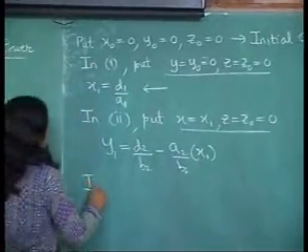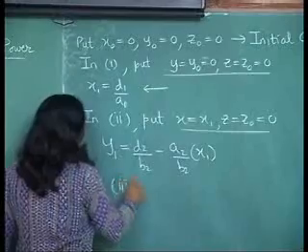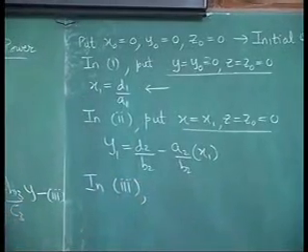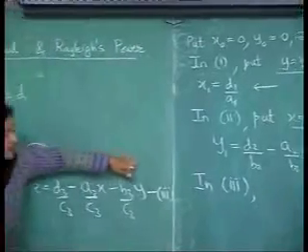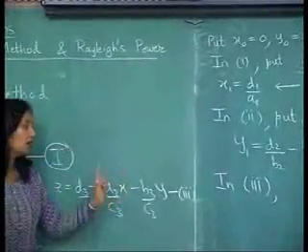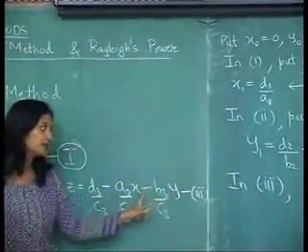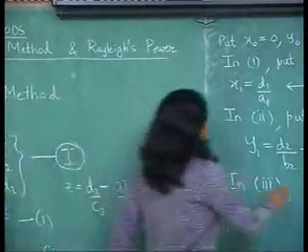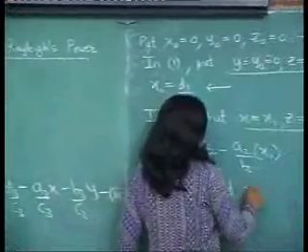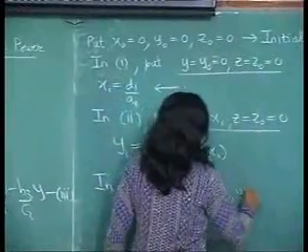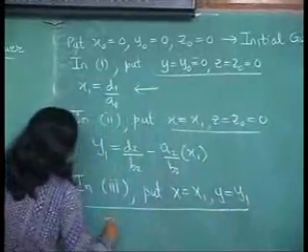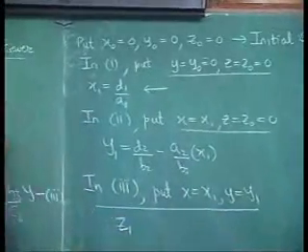Now we go to equation 3. In equation 3, check out what the terms are on the right hand side. On the right hand side I have only x and y, and the latest available values of x and y with me are x1 and y1. So in this equation I will put x equal to x1, y equal to y1, and the value that I will get will be z1.